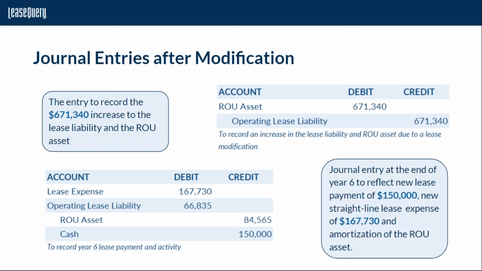Then you go to the payment entries. This is going to be the new payment at the end of year 6. We have the new $150,000 cash payment and the new lease expense of $167,730, and then the decreases of the operating lease liability and right of use asset that were calculated from the amortization table.